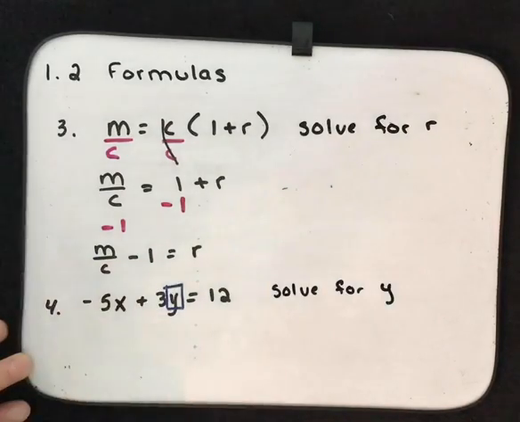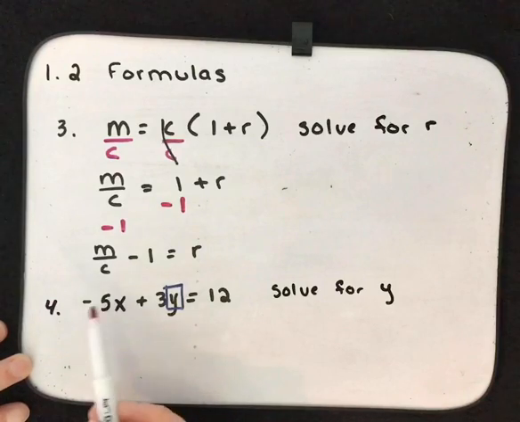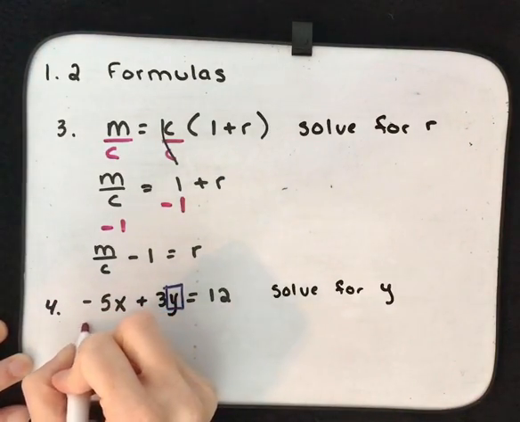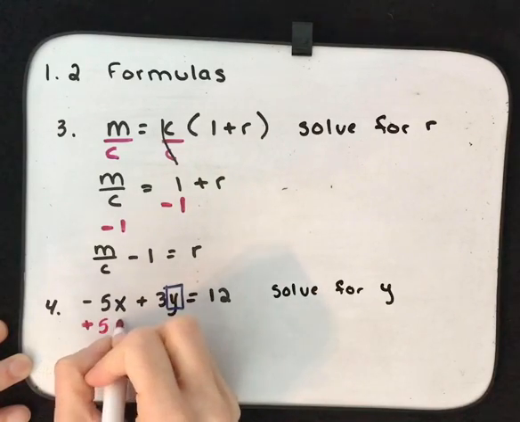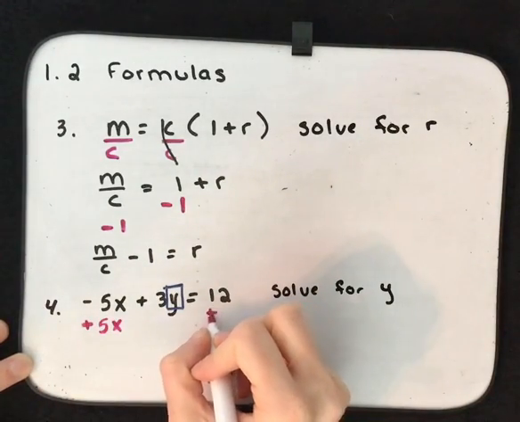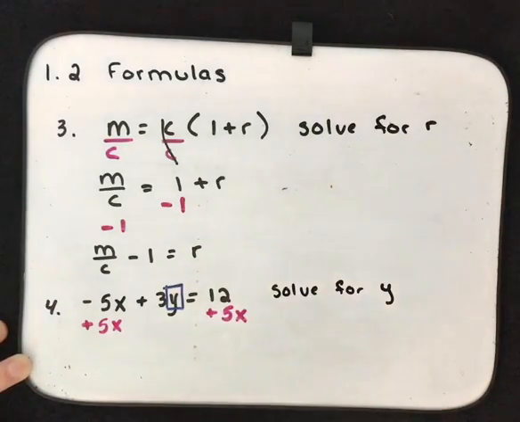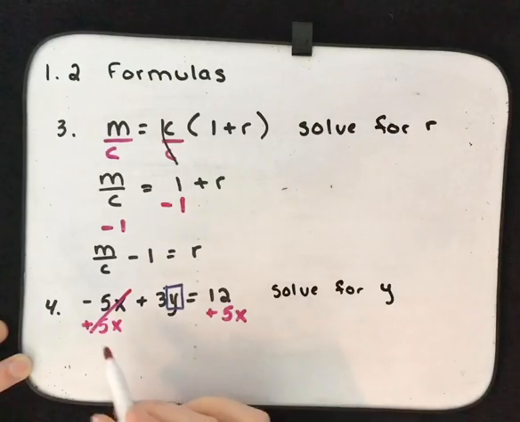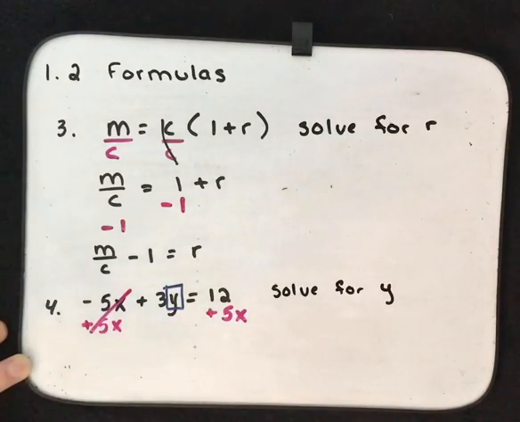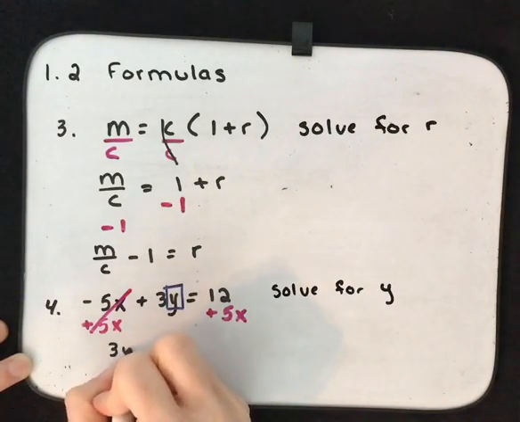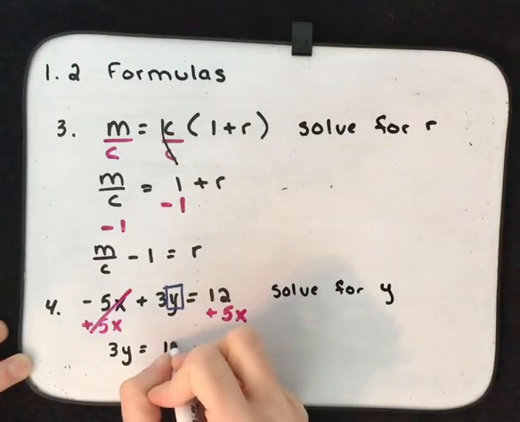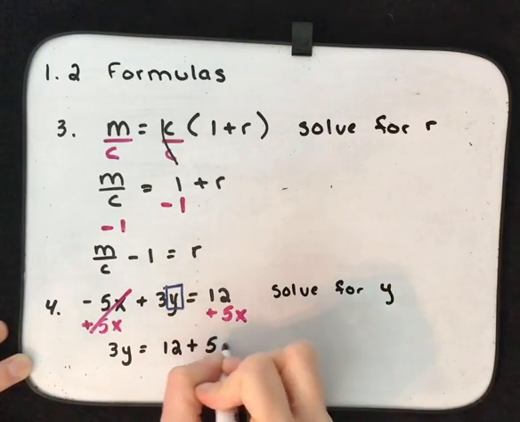So we're going to need to get rid of this negative 5x and this 3. Let's start with the negative 5x, just like we did when we were solving equations. Let's move the 5x to the other side. Negative 5x plus 5x gives us 0, and whatever you do to one side, you have to do to the other. So that leaves us with 3y equals 12 plus 5x.